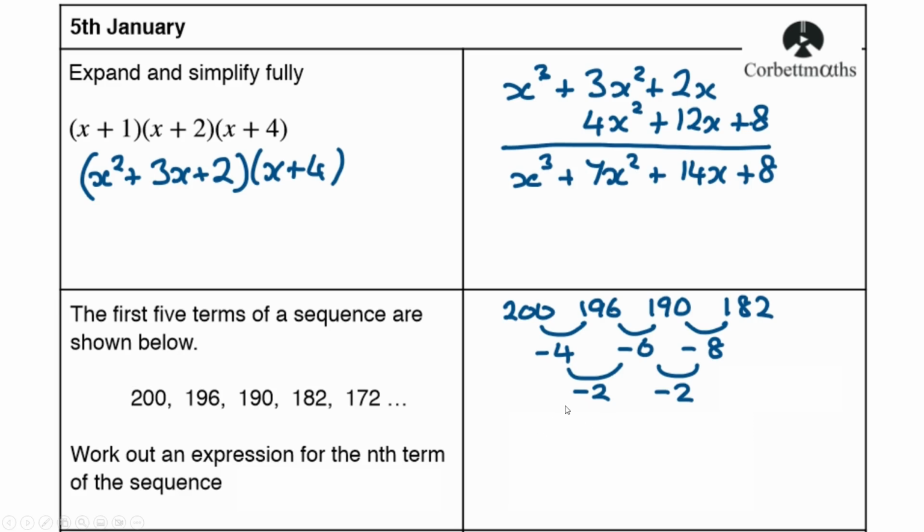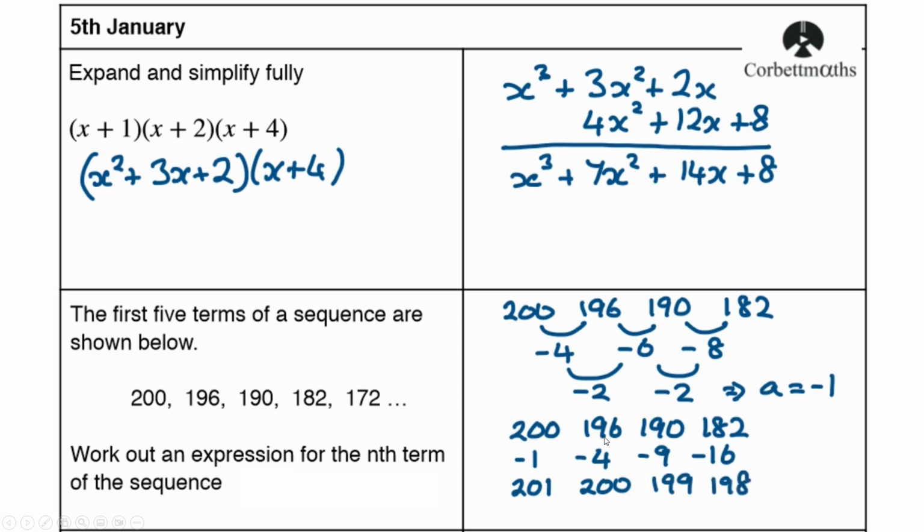The way that I tend to do it, because I just think it's easier and cleaner, is I write out the sequence again, and then I write out, well, that's -1, so I do -1 times n squared underneath. So in other words, 1 squared is 1 with a minus, 2 squared is -4 with a minus, etc., etc. And then I do that, so 200 minus -1 is 201. 196 minus -4 is 200, etc.